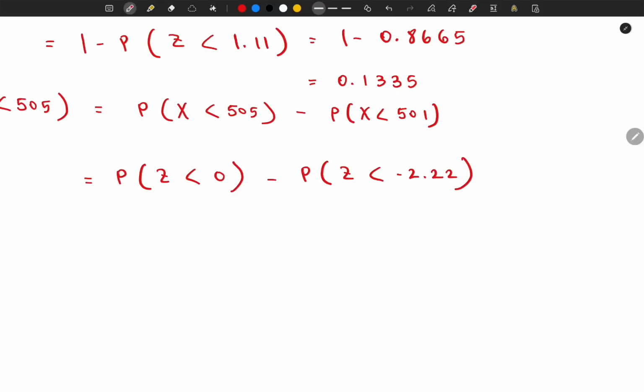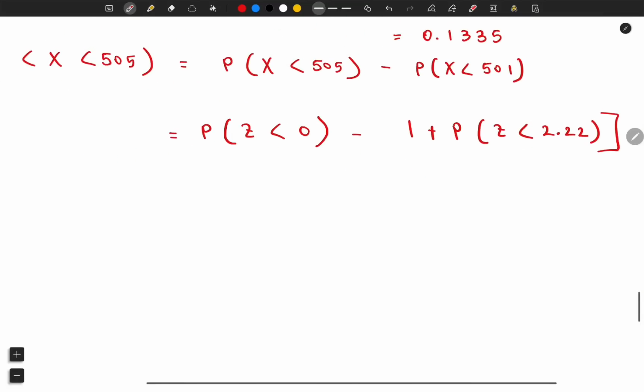Now, since the value of z cannot be negative, we can write this as 1 minus probability z is less than 2.22. If you're confused about this formula, you can check my video on the normal distribution. That will give you a clear understanding of the formulas. Okay, so since there is a minus sign at the front, this will be minus 1 plus probability of this.